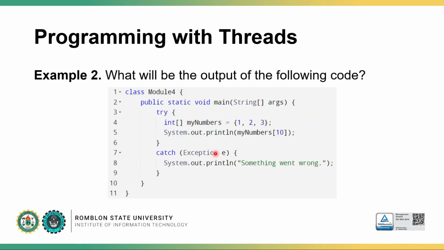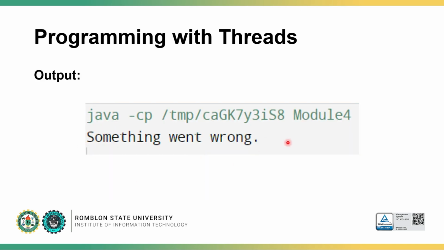The catch will output "something went wrong". Instead of terminating the application, our program will automatically go here and output "something went wrong". That's really important in programming, since we will expect different errors, which we call bugs. It's really important to have a try-catch block in every program, since in reality there will always be an error in our code.